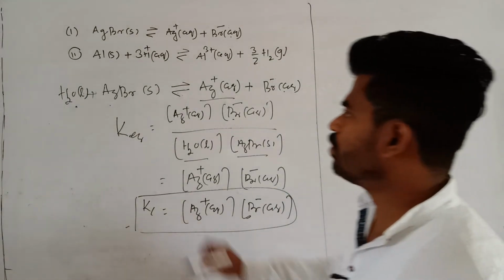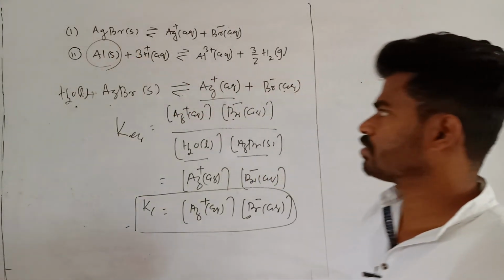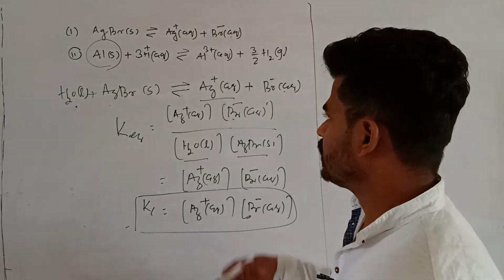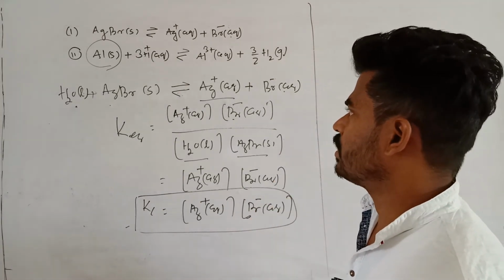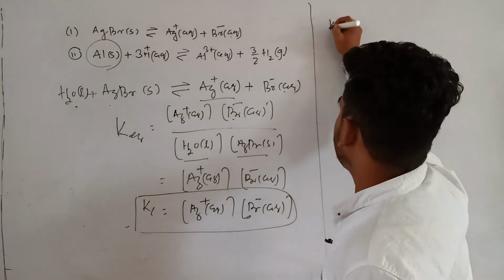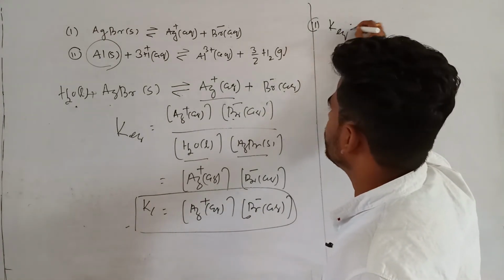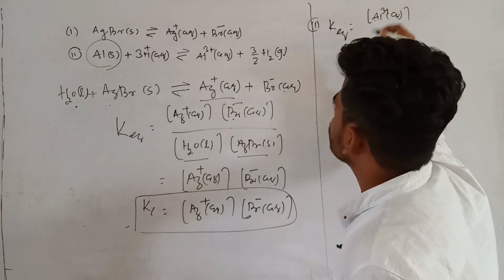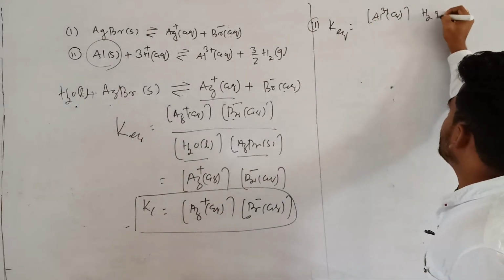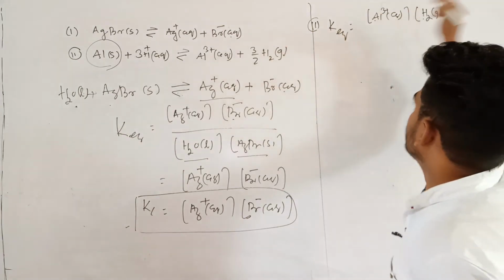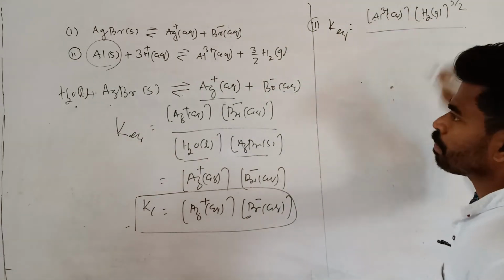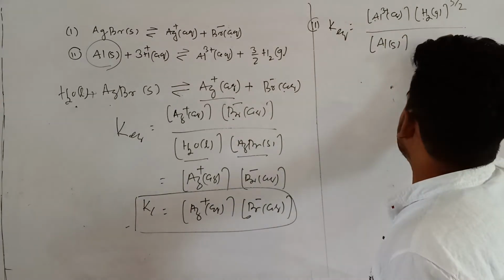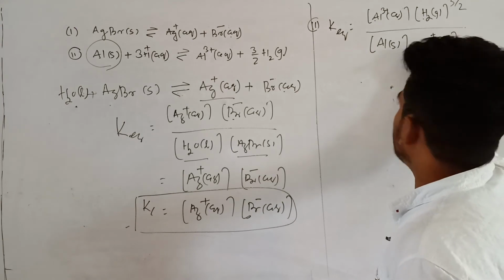Now let us consider the second one. We see this aluminum is a solid. For a pure solid component, you should not include it in the expression for the equilibrium constant. Simply I can write K equilibrium for the second one, that is concentration of Al3 plus aqueous into H2 gas to the power its stoichiometric coefficient, 3/2, upon aluminum solid into H plus aqueous to the power 3.